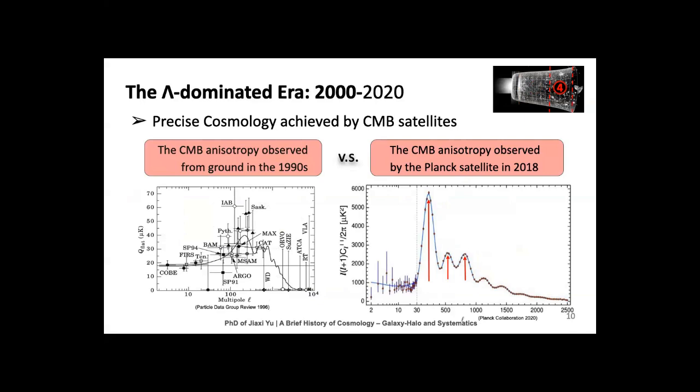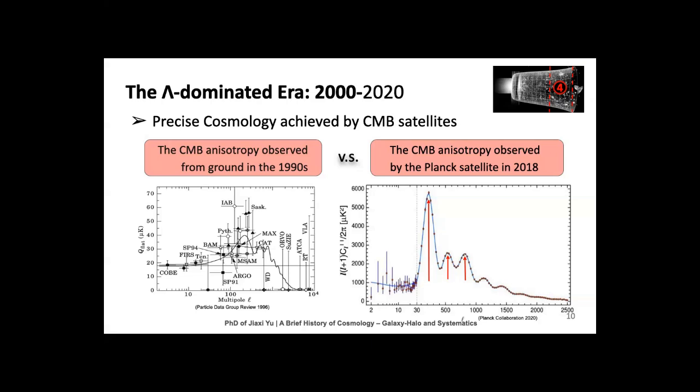What also happened starting in 2000 is that we started to make very precise measurements of these parameters. The first precise measurements came from satellites that observed the CMB and could measure the anisotropy of the distribution in the CMB very accurately.